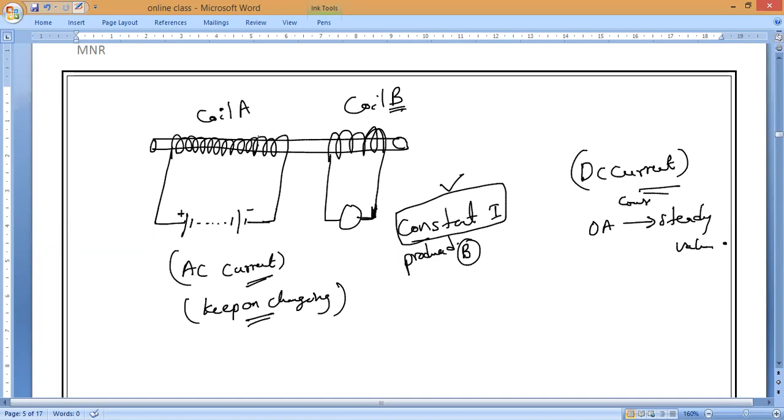Because if more number of turns in coil A, more magnetism is induced, so it is causing more induced current. That is why you can see coil A always has more number of turns, coil B less number of turns.